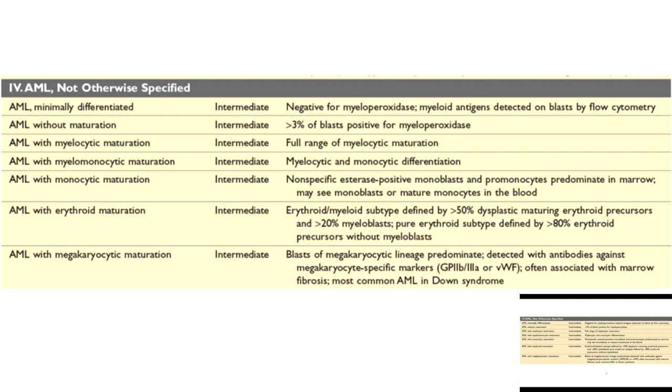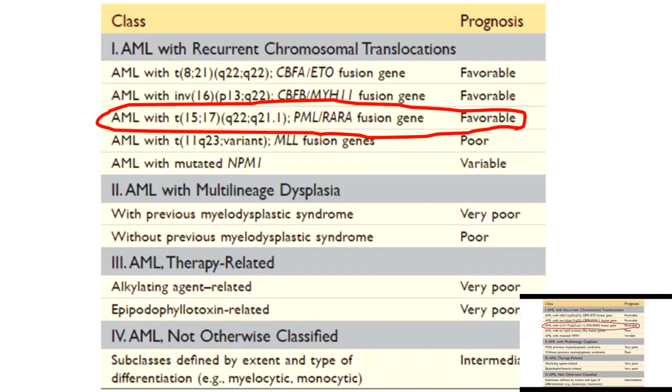This is when we cannot classify AML as one with the recurrent translocations or one that is related with dysplasia or with chemotherapy.